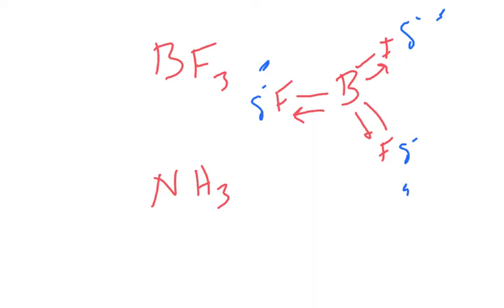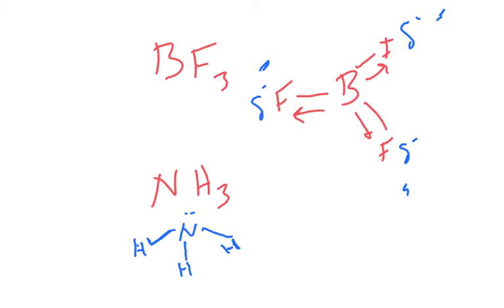Now if I look at nitrogen or ammonia here, the shape that we end up with is different because it has a lone pair of electrons here. I'm not sure if I can draw this very well, but we have a hydrogen here, a hydrogen here, and a hydrogen here. Because that lone pair pushes all those bonded hydrogens down.